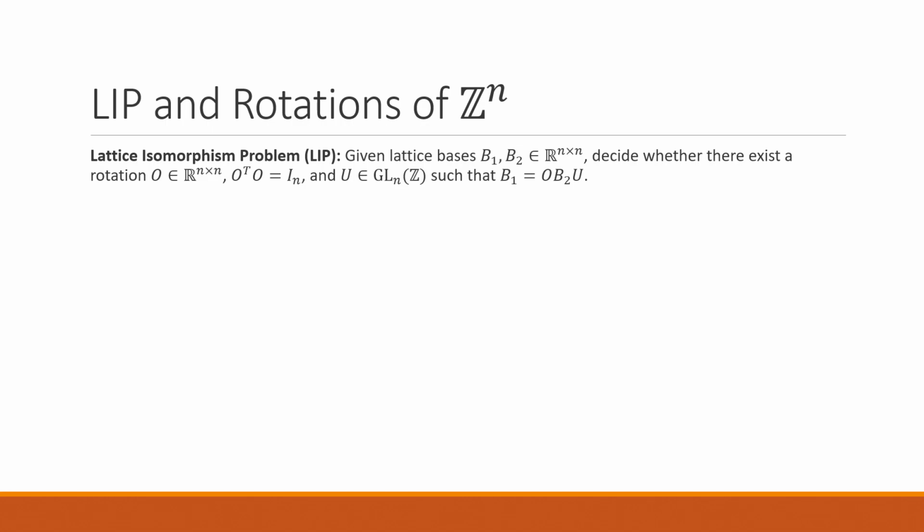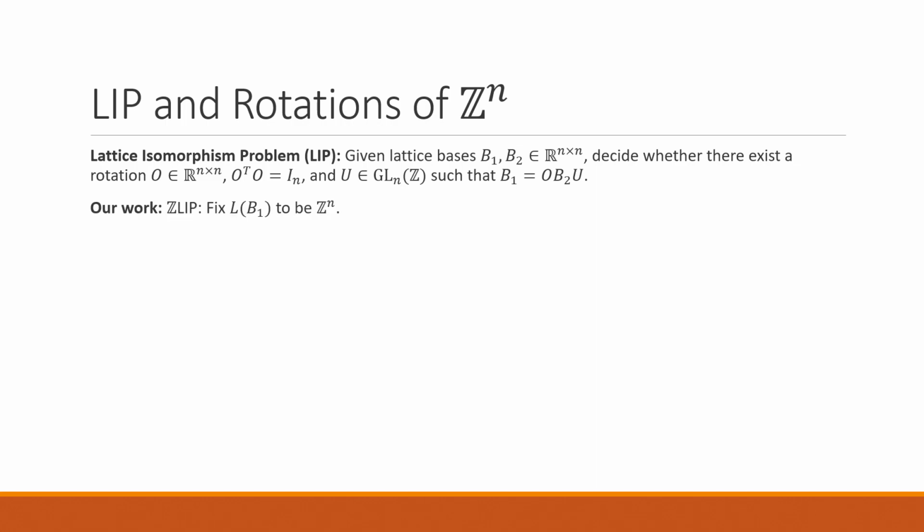Since we're specifying this in terms of bases, we have both an O and a U. So the computational question is whether we can convert a basis B2 into B1 by left multiplying by our rotation O and right multiplying by some unimodular U.